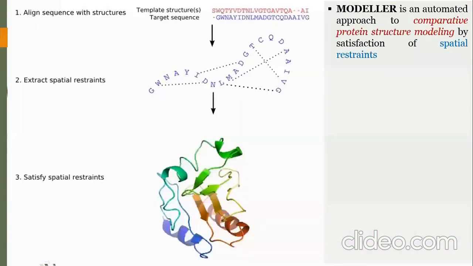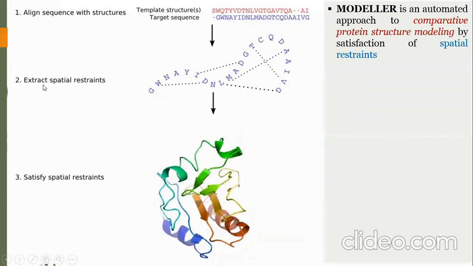Go through it and you will understand how it works. So initially, what does Modeller do? It aligns the sequence with the structure. So this is the template structure, the red one, and the target sequence, the one we want the structure of. Like I have a gene like the insulin gene, and I want to know its structure. So I will need a template structure, and I will take my insulin gene sequence, align that, and get my gene structured.